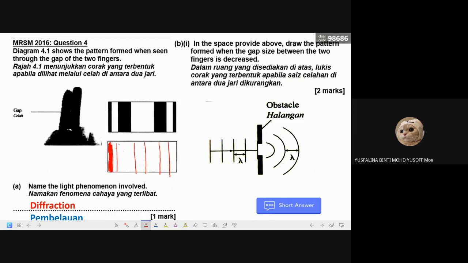Okay, this one also dark. But in the middle, the bright fringe becomes smaller in size, since the size of the slit is increasing. So it will become like this. Bright. So the size here becomes smaller.